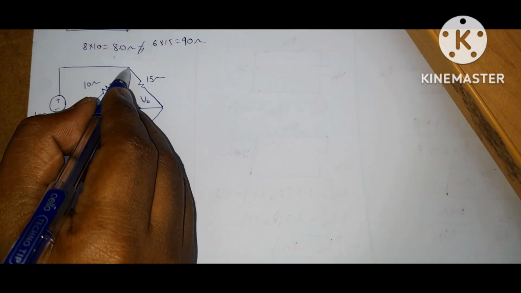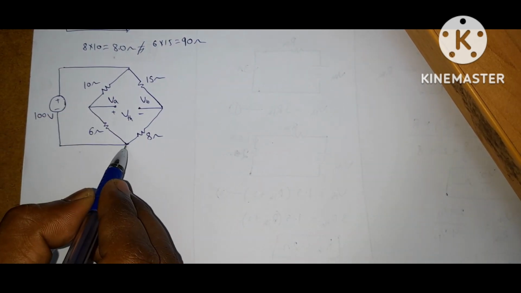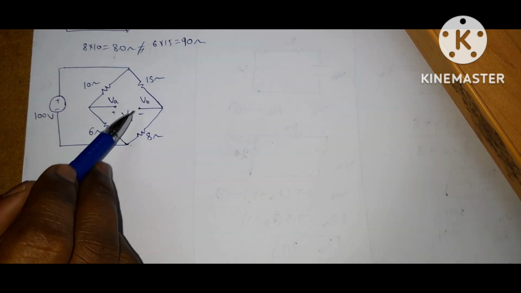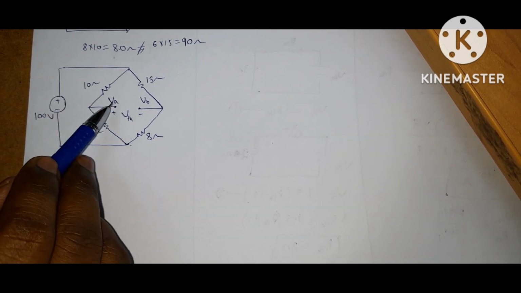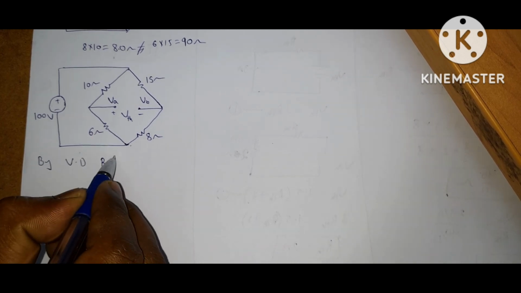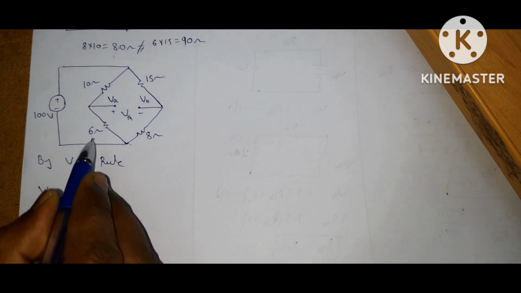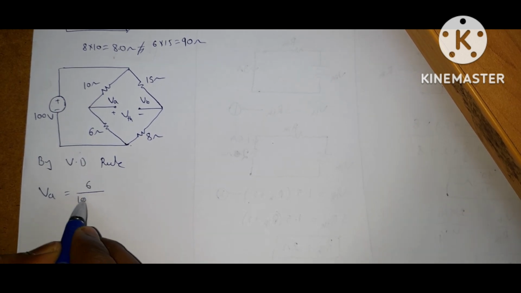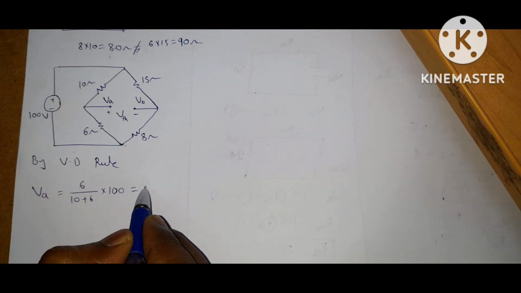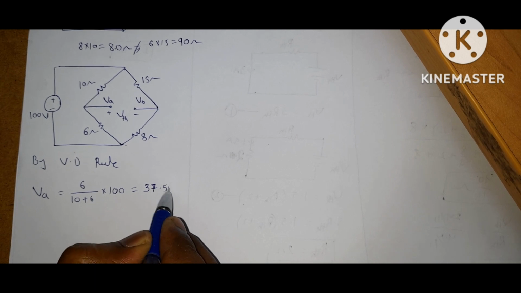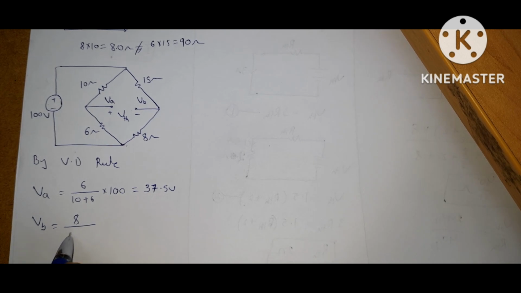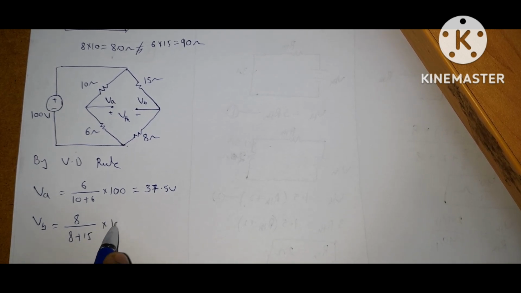Now if you observe, these two resistors are connected in series and across 100 volts. Again, these two resistors are connected in series and across 100 volts because it is open circuit. So, by voltage division rule, VA is equal to the same impedance by total impedance into total voltage. You will get 37.5 volts. Coming to here, VB is equal to same impedance 8 by 8 plus 15 into total voltage.